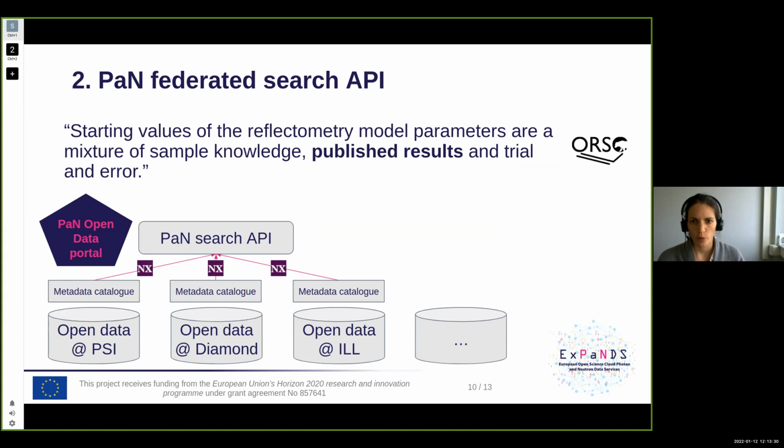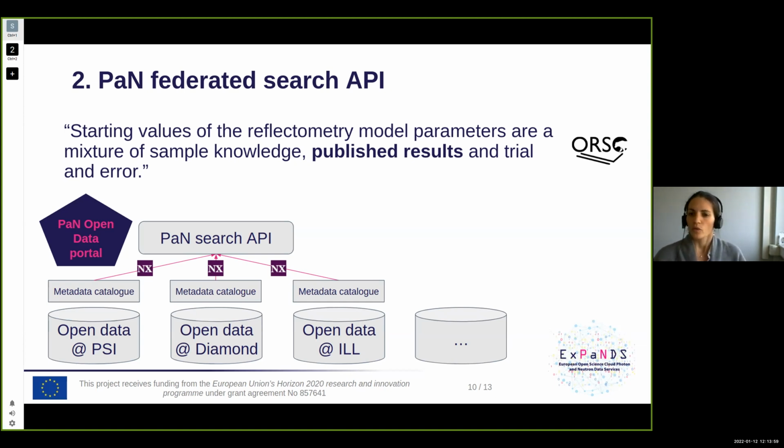The second example is on the search. Again, to make the parallel with what Andrew was explaining, a reflectometry model has parameters and they need starting values. This is a mixture of, as it's written here, sample knowledge, published results, and trial and error.